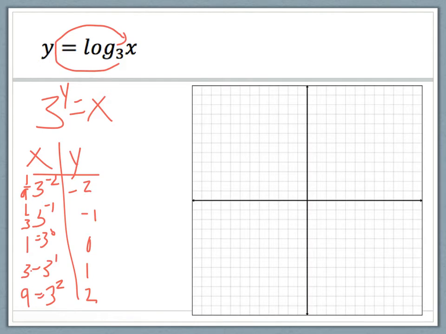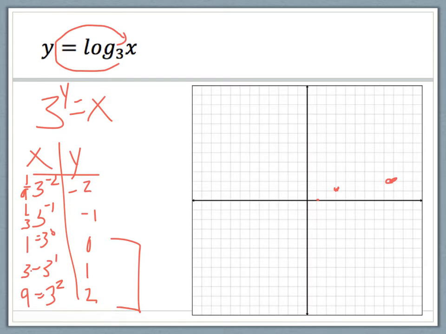Now let's go ahead and graph these points. I'm going to plot the bottom ones first. This one, 0, 1: y is 0, x is 1, so it's going to be right there. This is 3, 1, so I'm going to go over 3, up 1. Then 9, 2: over 9, up 2.